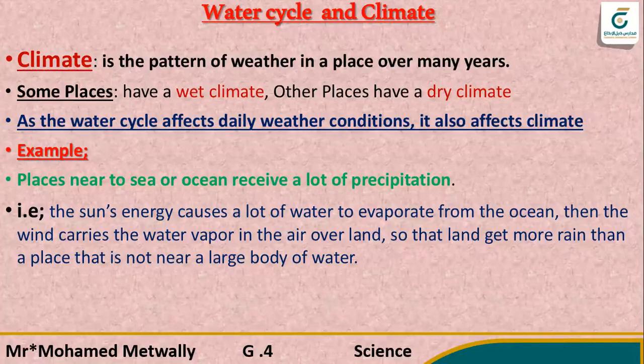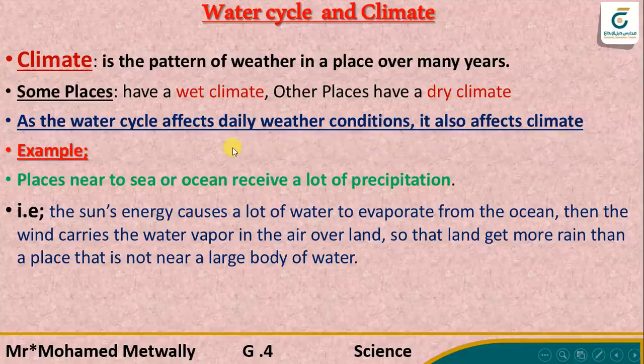So some places, like I said, have a wet climate, unlike other places which have a dry climate. As the water cycle affects daily weather conditions, it also affects the climate, because the climate, like we said in the beginning of this slide, is the weather pattern.